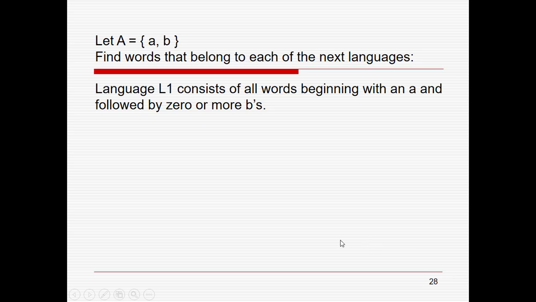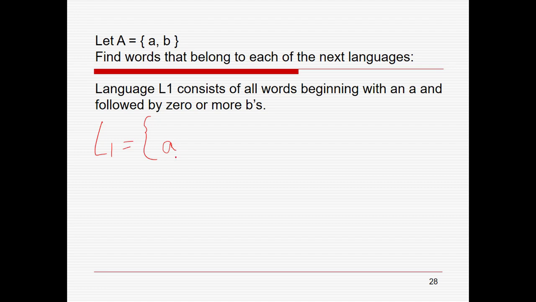Okay, let's have a look at some examples. So we have an alphabet A containing the symbols, the letters A and B, and we have a language L1 which consists of all words beginning with an A and followed by 0 or more B's. So L1 would be a set containing the following words: A followed by 0 or more B's.